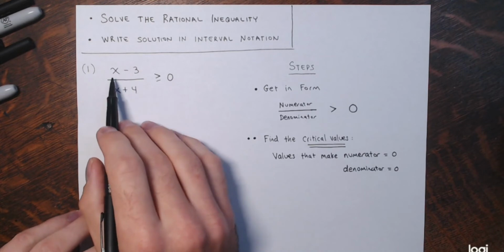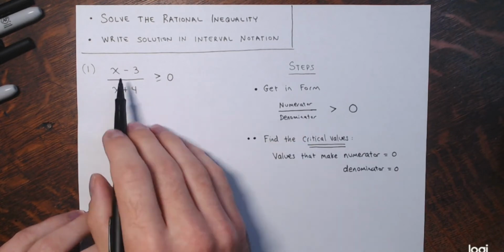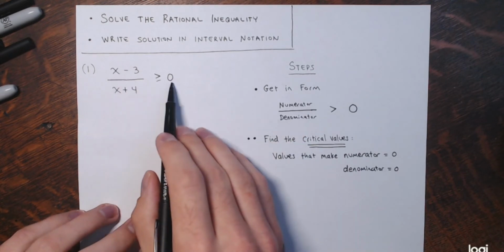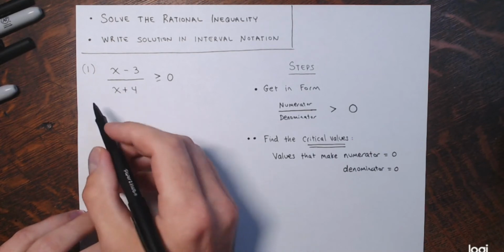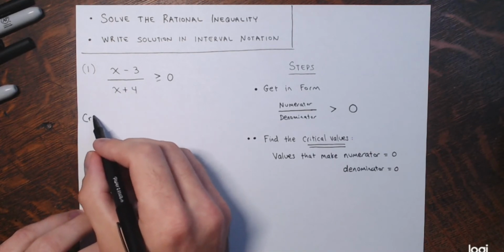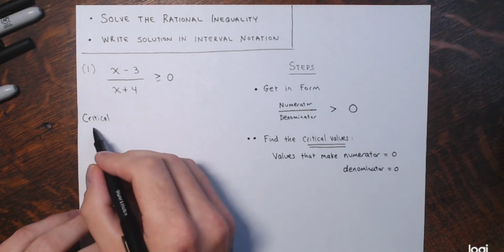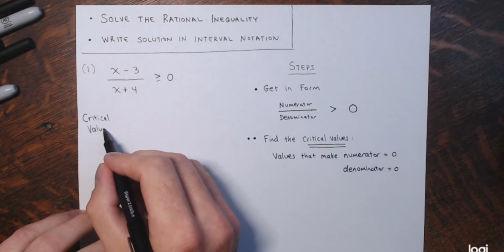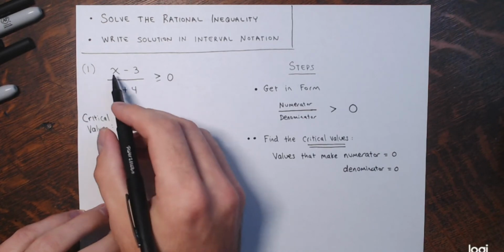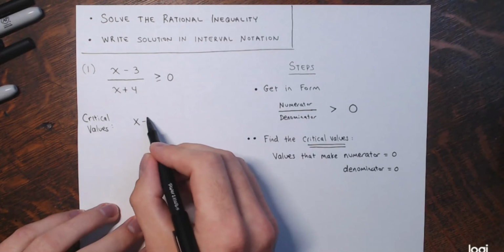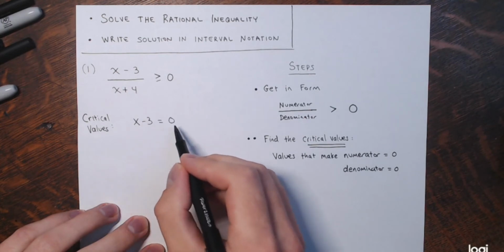So over here in example 1, I have what I want. First step's done: numerator, denominator on one side, 0 on the other. Next, I find the critical values of the inequality. Where is the numerator equal to 0?